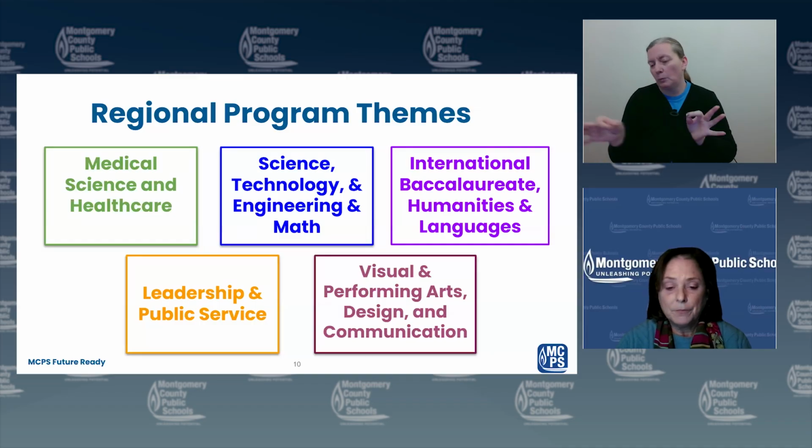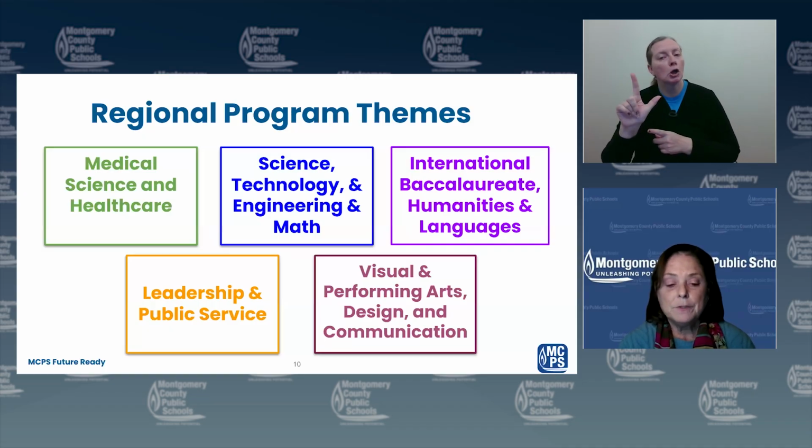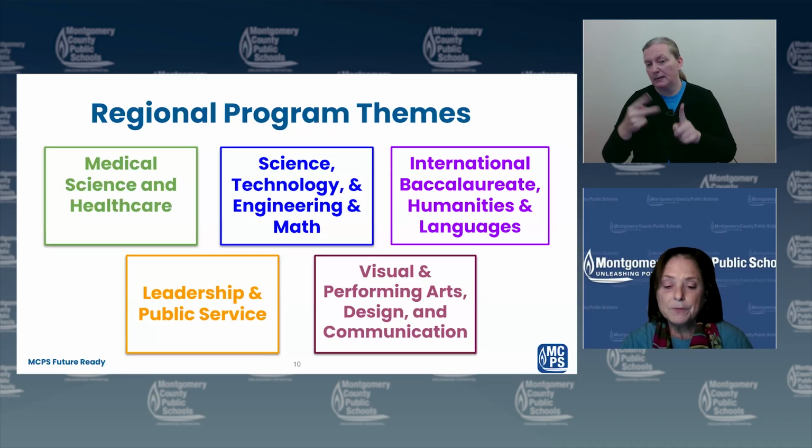The orange theme is Leadership Public Service. And this theme will develop skills for our students to lead, teach, serve their community. Possible pathways will include leadership, education, and law and criminal justice. The last of our 5 themes is the Visual and Performing Arts, Design, and Communication Programs theme.